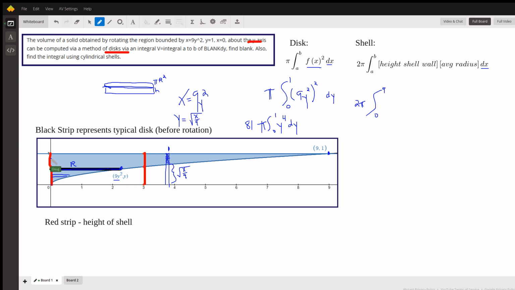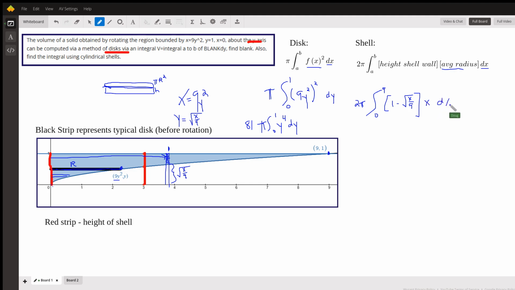And then the average radius is the distance of that shell wall from the axis of revolution. So it's that distance right there, and that's just an x distance. So the height of the shell is 1 minus the square root of x over 9, which we will write as 1/3 x to the 1/2 when it comes down to evaluation, times the average radius, which is the distance, again, from the axis of revolution to the center of the shell, dx.